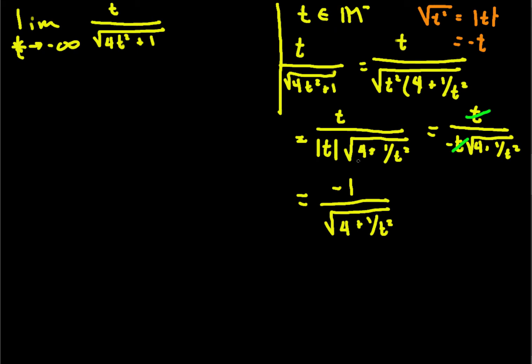T is infinite, so 1 over t squared is infinitesimal. So the bottom is infinitely close to root 4, so this is infinitely close to negative 1 over root 4, better known as negative 1 over 2. And so that's our limit. The limit here is equal to negative 1/2.